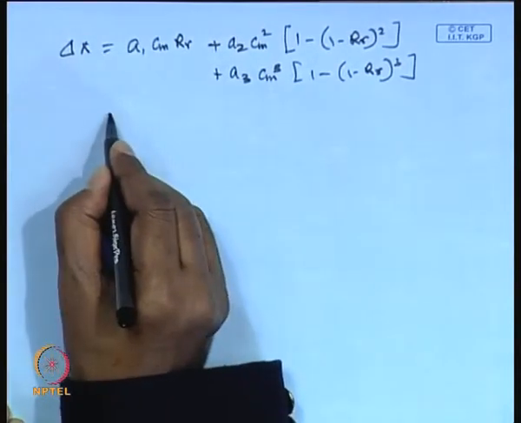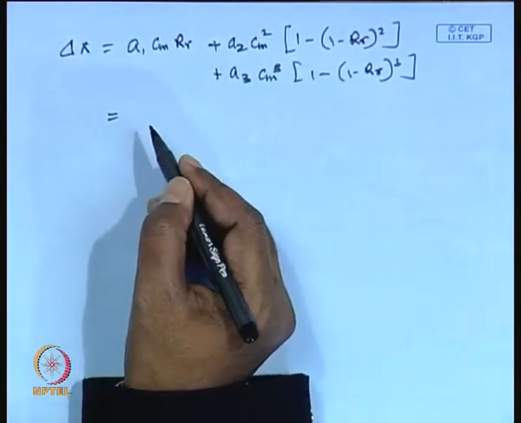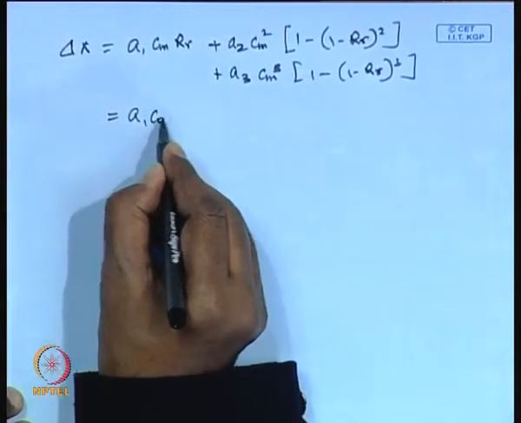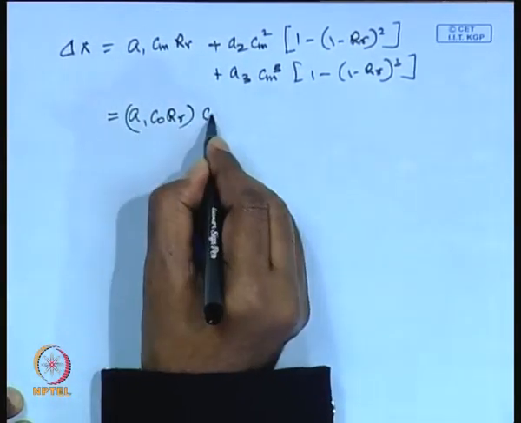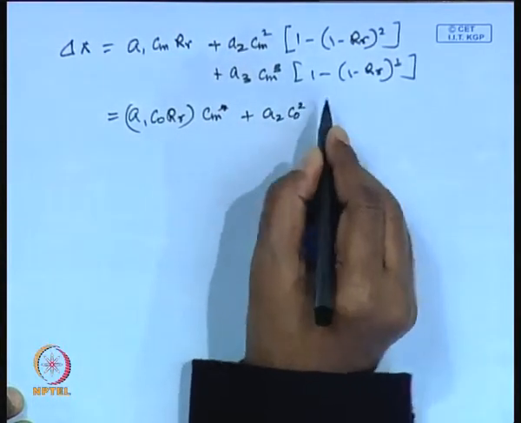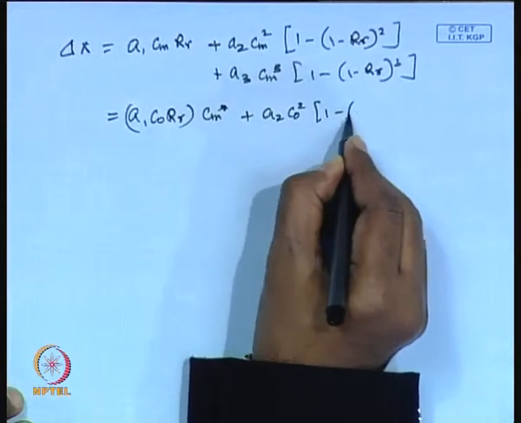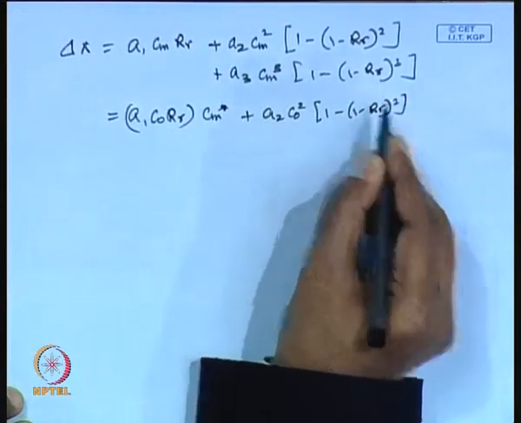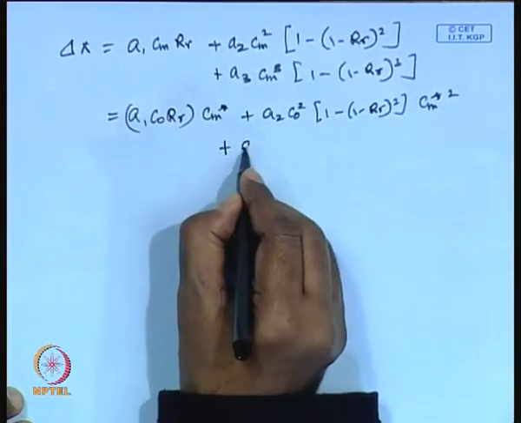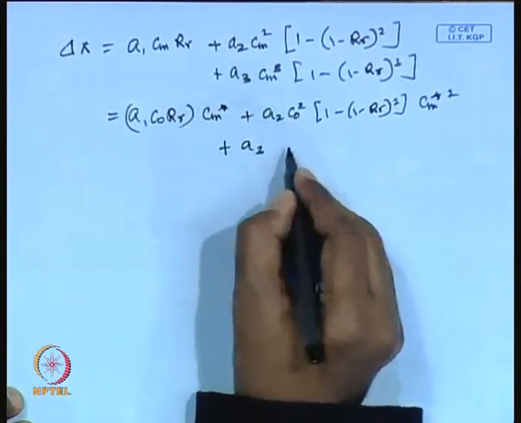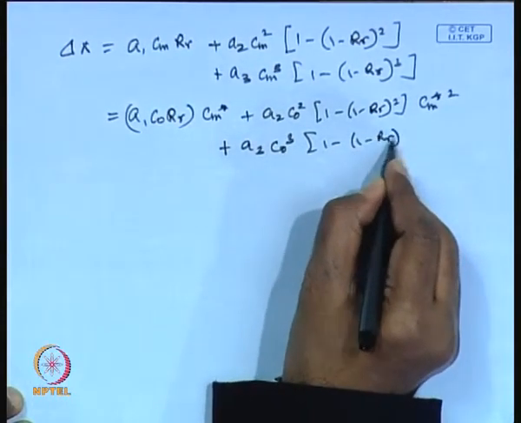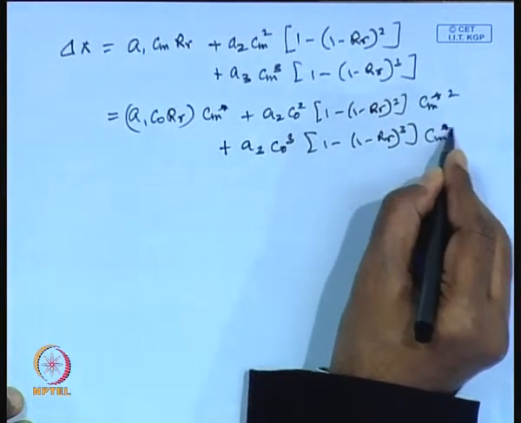Now make Cm non-dimensional in favor of the bulk concentration. So, this becomes A1 C naught RR times Cm star, plus A2 C naught square 1 minus RR square times Cm star square, plus A3 C naught cube 1 minus RR whole cube times Cm star cube.